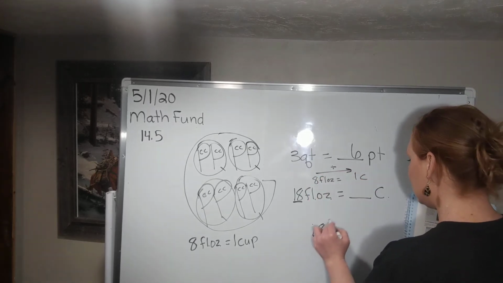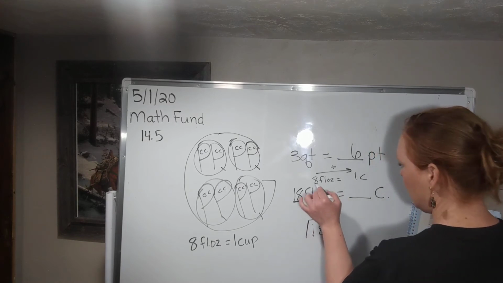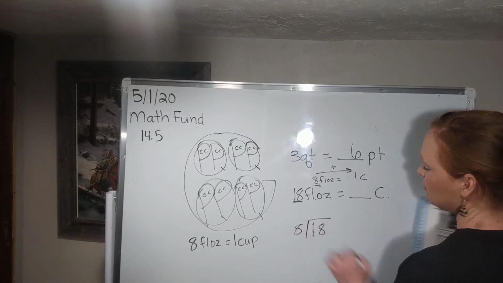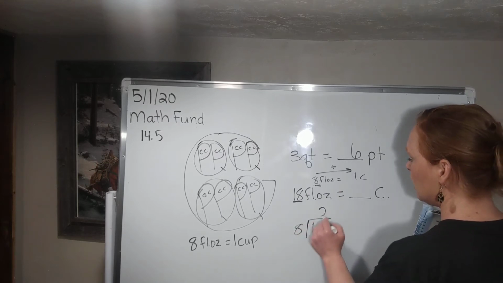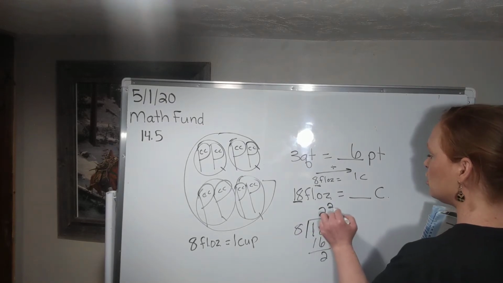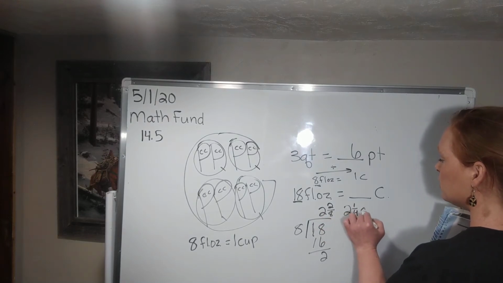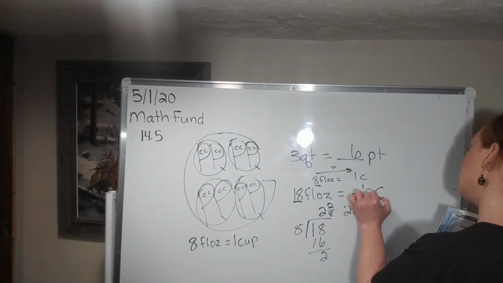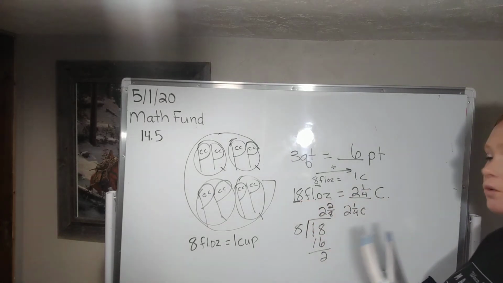So it's going to be 18 divided by 8. 8 will go into 18 2 times equals 16 with 2 left over. So 2 eighths. I want to reduce that to 2 1/4 of a cup. So 2 1/4 cup is equal to 18 fluid ounces.